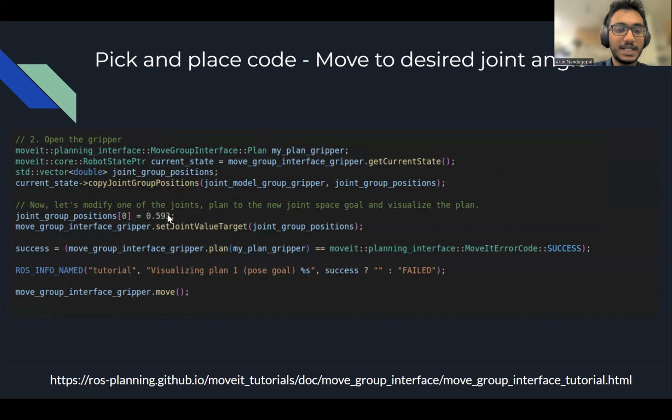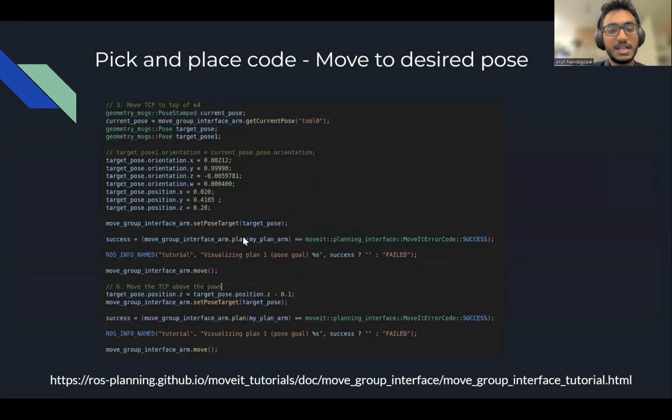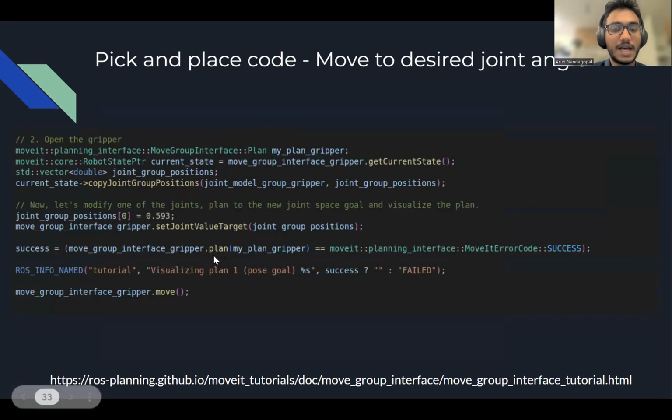We need to set the joint values, and to do that, we utilize the current joint position. We extract the joint angles of the current robot, and then we set the joint angle for what we want to change. And we use similar steps after that: set the joint value, plan, and then move.